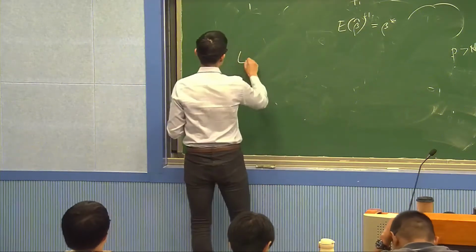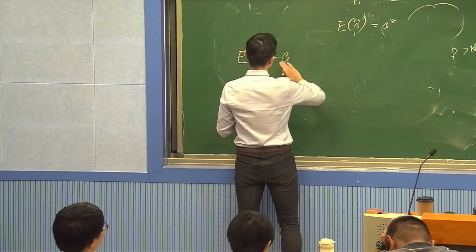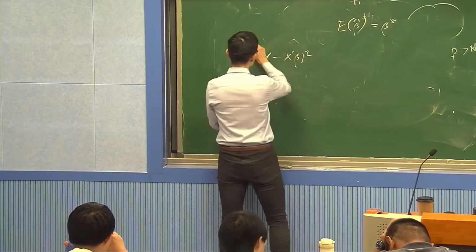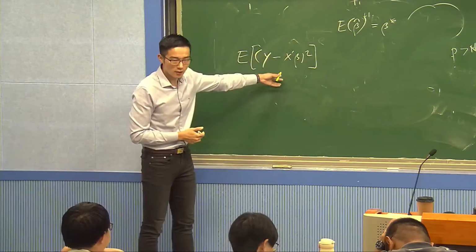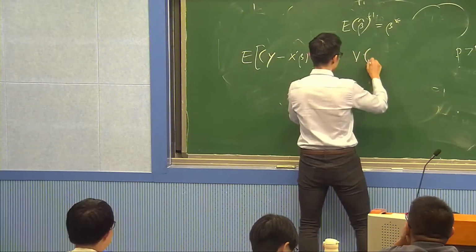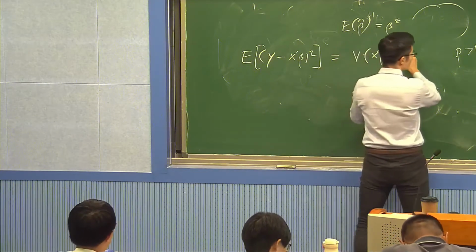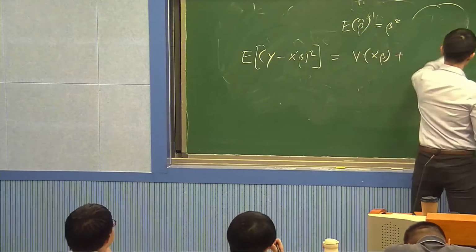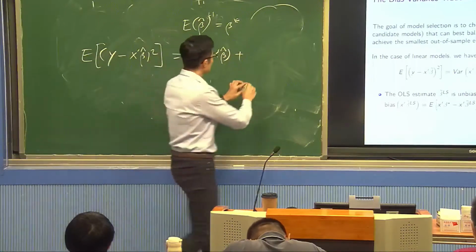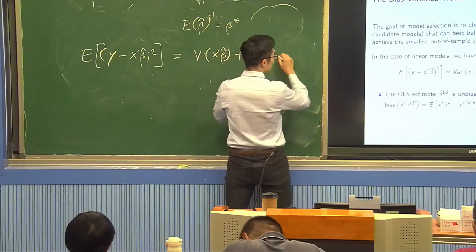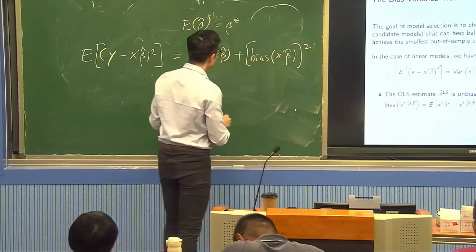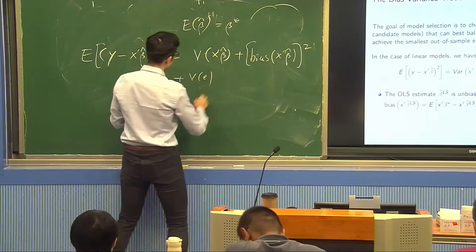The expected L2 loss, the expectation of y minus x prime beta squared, is equal to the variance of x prime beta, where beta is beta hat, our model fit, plus the squared bias of x prime beta hat, plus the variance of epsilon, which is the irreducible error.